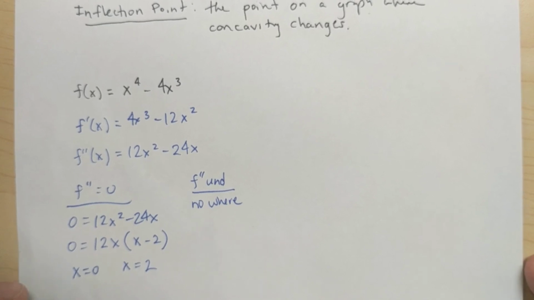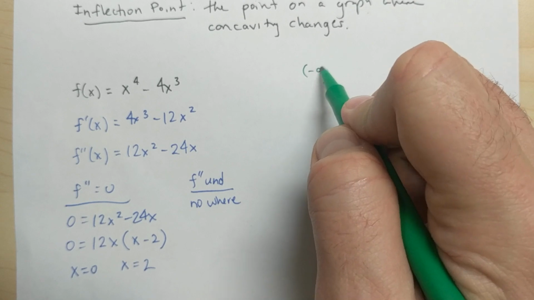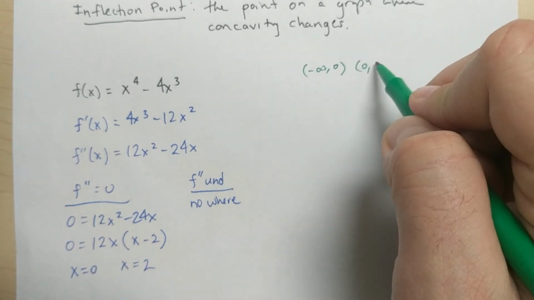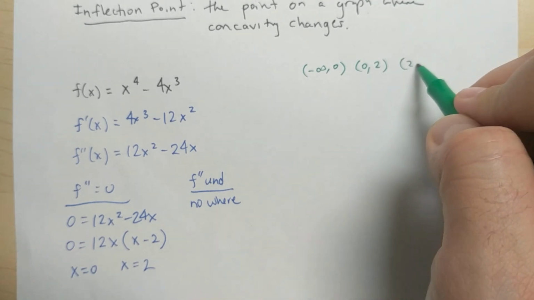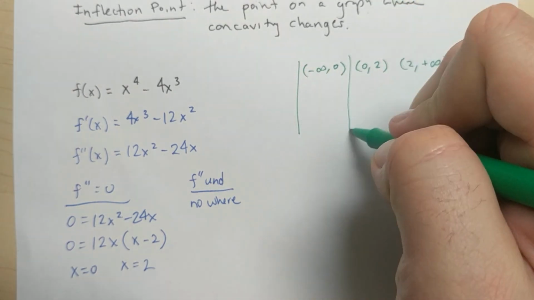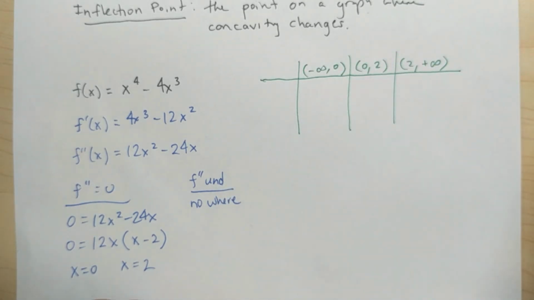Okay, so now let's do our sign analysis. We can break up our interval from negative infinity to 0, from 0 to 2, and then from 2 to positive infinity. And then what are our factors?